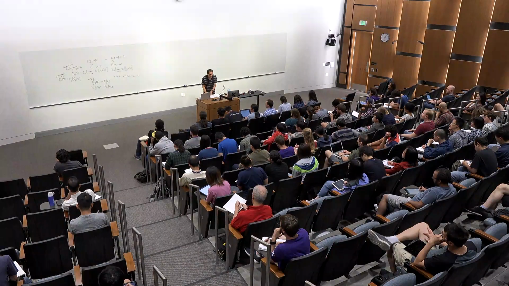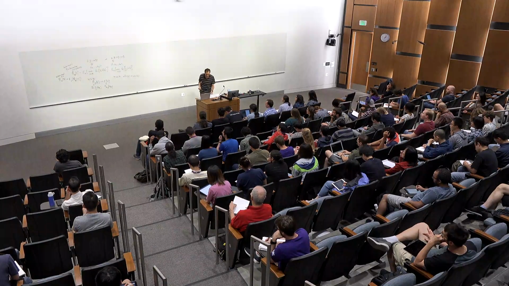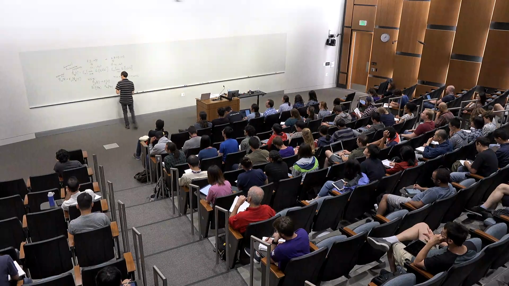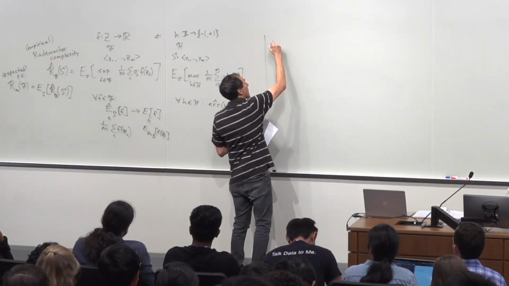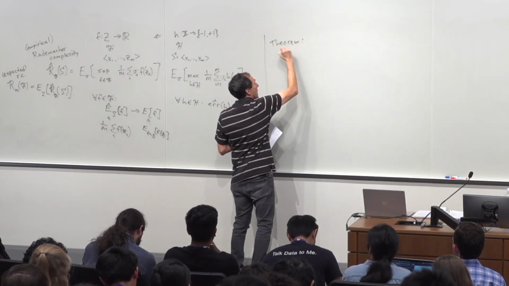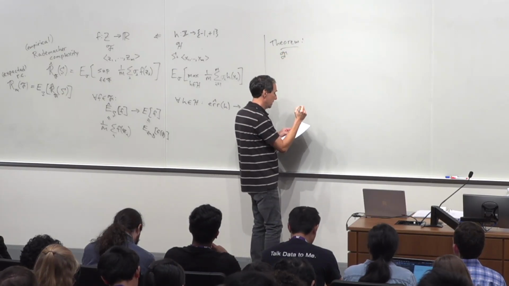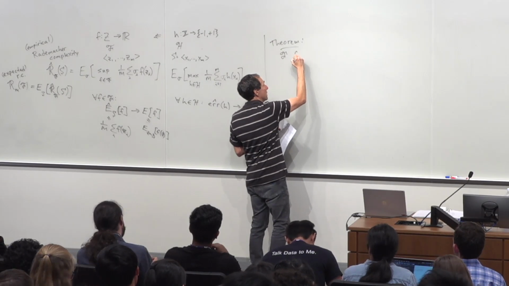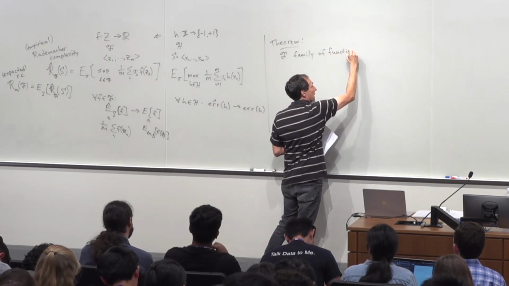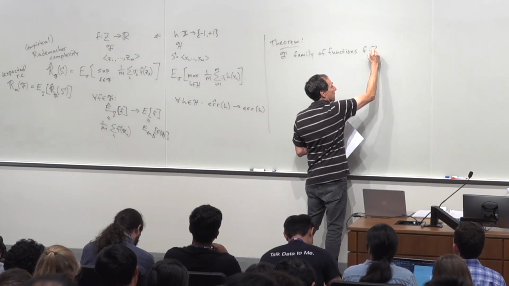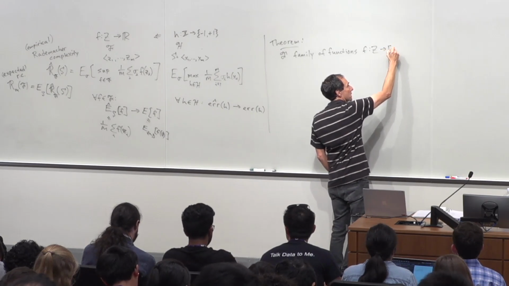Okay, so that's the setup. And here's what we can prove along these lines. Here's the theorem. Let's say that F, the space we're working with, is a family of functions which map Z. And even though I said we're dealing with real numbers, we're going to assume that the functions we're working with have bounded range.